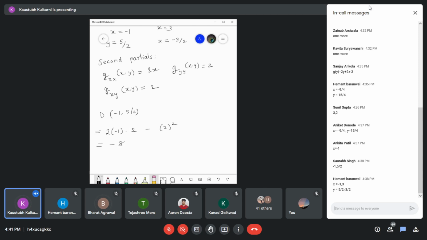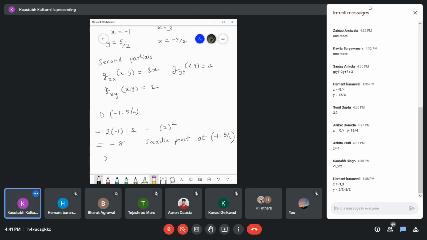So this is a saddle point. So f has a saddle point at minus 1 comma 5 by 2.